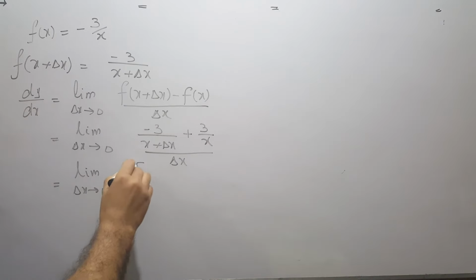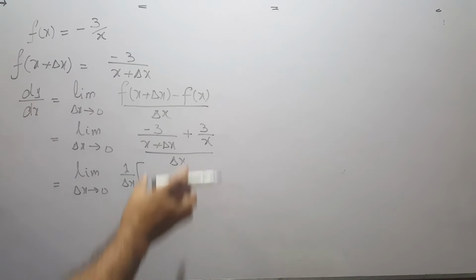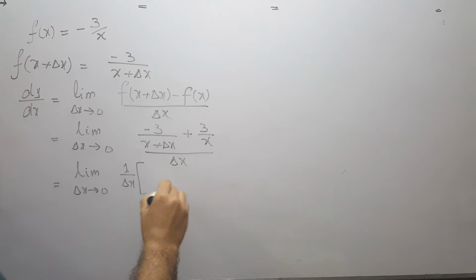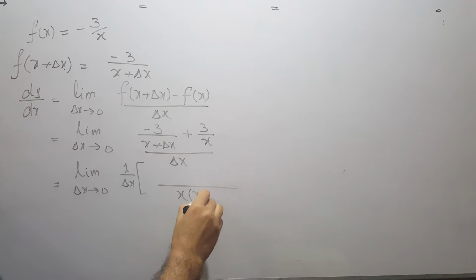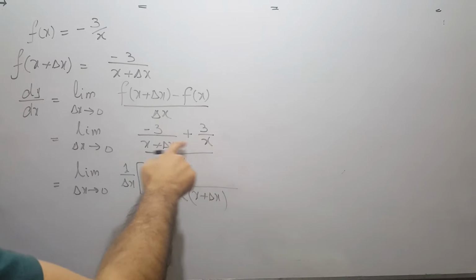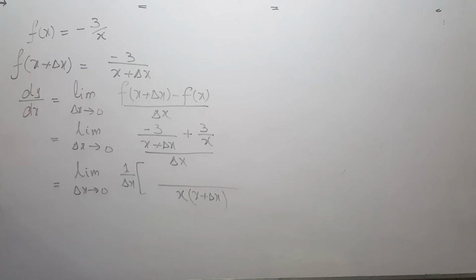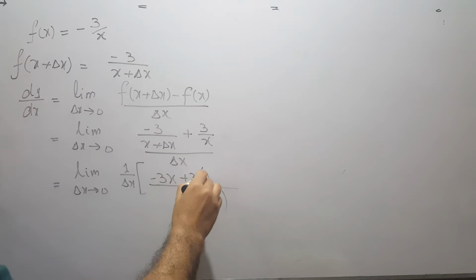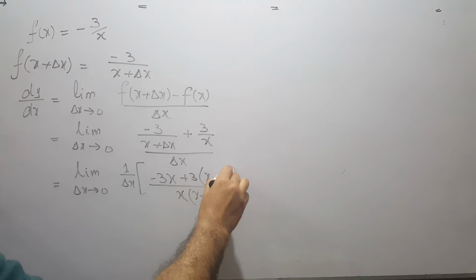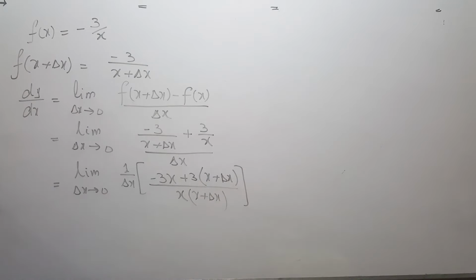So I took out the delta x common, and for these two ones I can take the LCM. So LCM would be x into x plus delta x, just the multiplication of these two. So here I would have 3x, and here we would have 3 times x plus delta x. How do we do that?